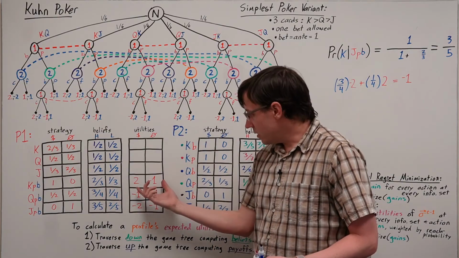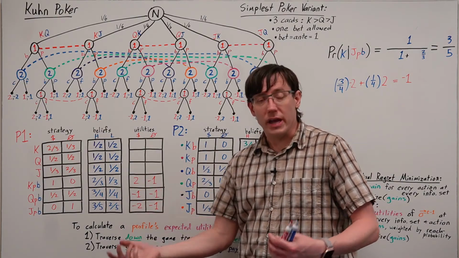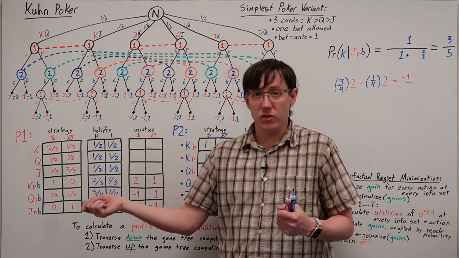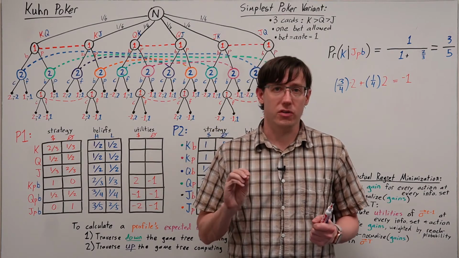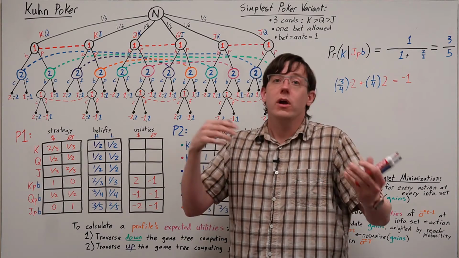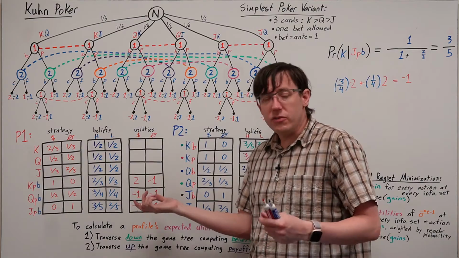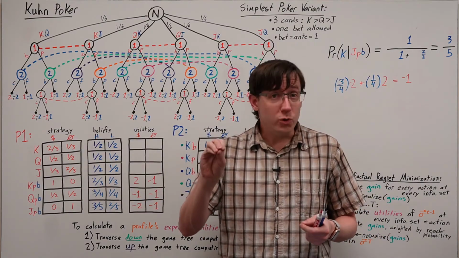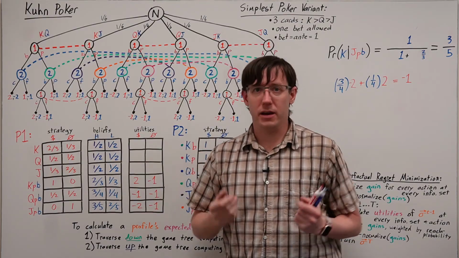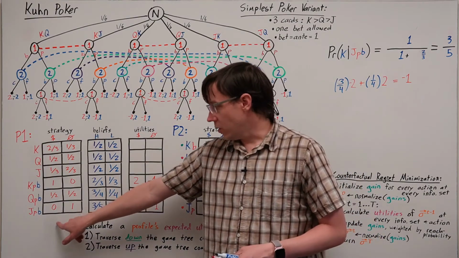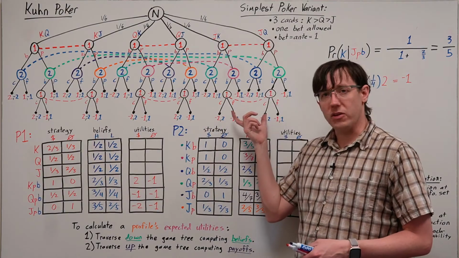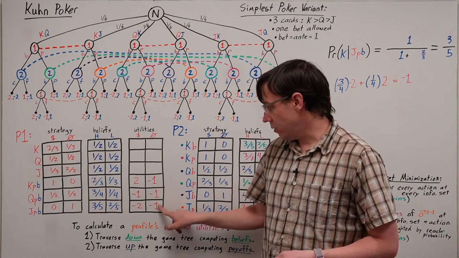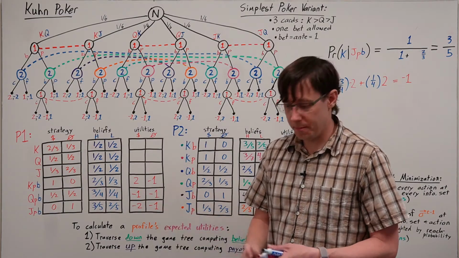So these expected utilities for each action are like deviation payoffs, saying, what would I get if I switched to this action at this information set? But we can also use those deviation payoffs to calculate the expected utility if the player uses their current strategy at that information set. And so at the jack information set, where the strategy says always fold, they'll get a utility of -1.